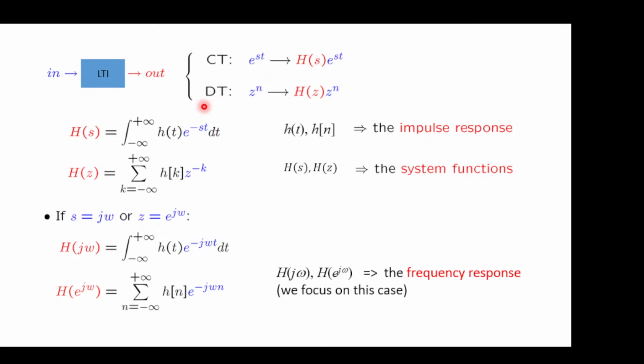For discrete time it's basically the same, but we like to write e to st as z to n, and the output will be H of z, the eigenvalue depending on z, times the same z to n.